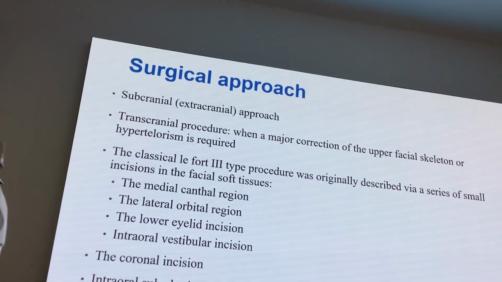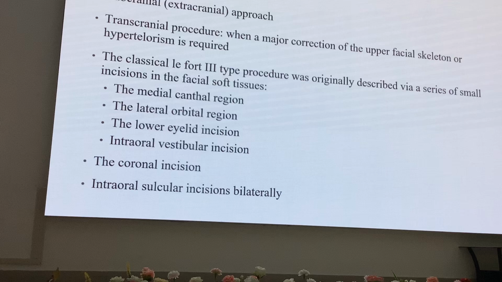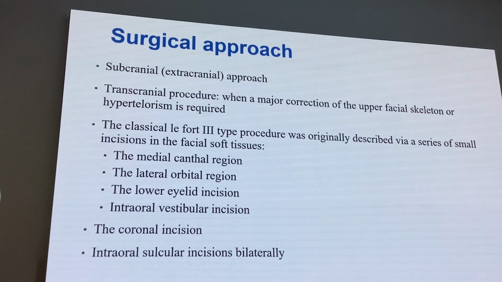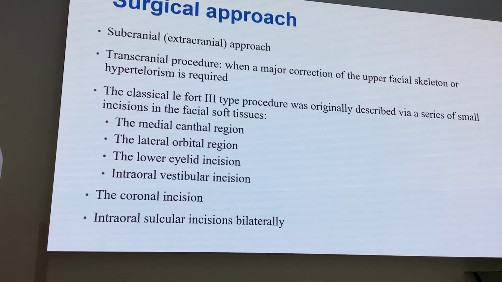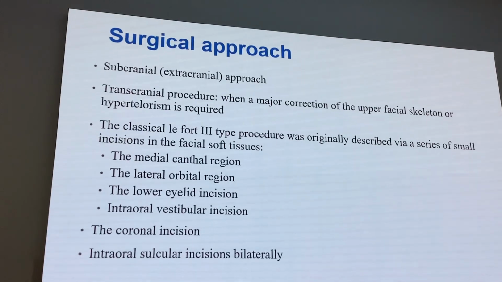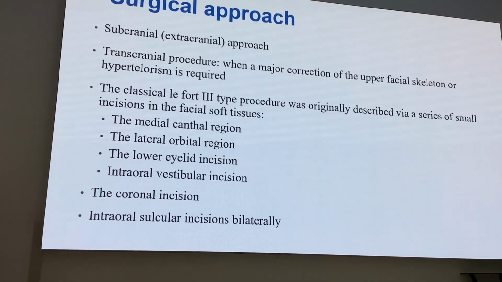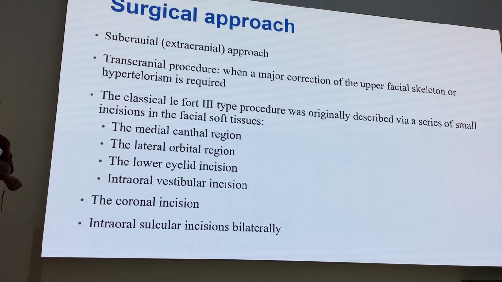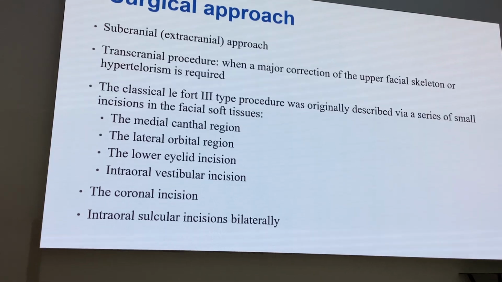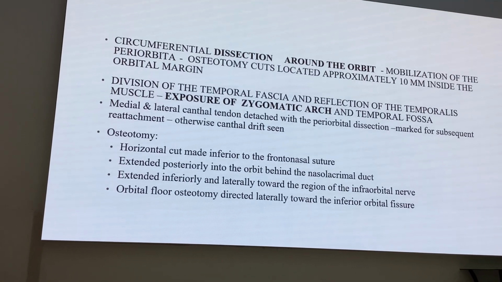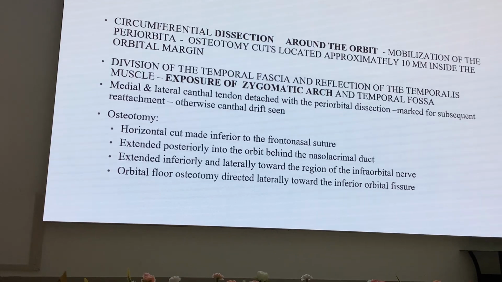Surgical approach is subcranial or extracranial. Classical Le Fort 3: medial canthal ligament, lateral region, lower eyelid incision, intraoral vestibular incision, or a coronal incision. Obviously, the intraoral circumvestibular incision bilaterally.